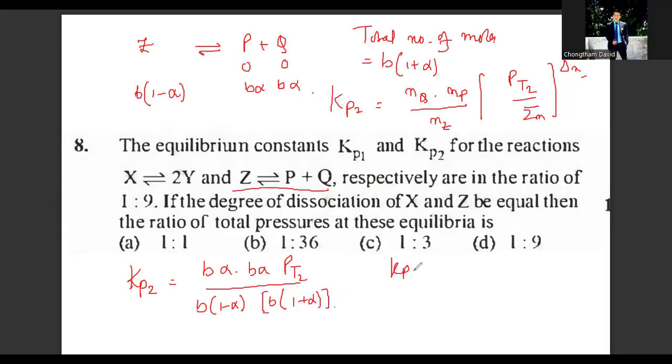Initially we calculated for X giving 2Y as Kp1, and now we have found Kp2 for Z giving P and Q. So the ratio would give, cancelling all the like terms, 4Pt1 divided by Pt2.